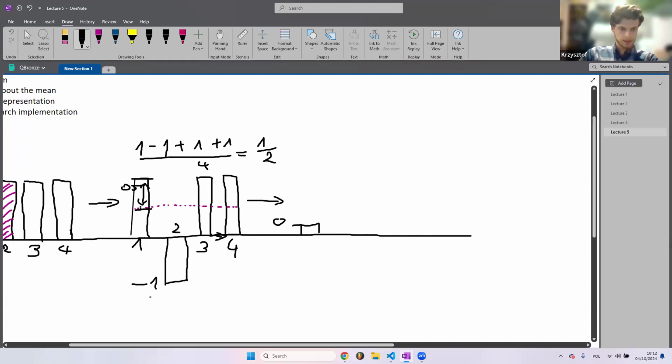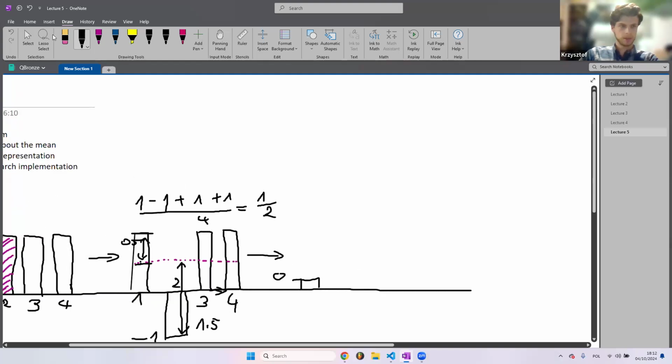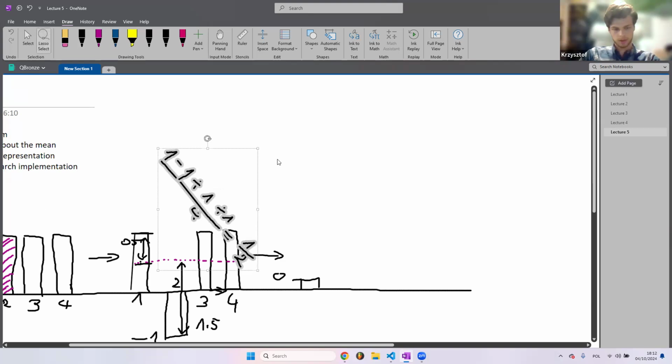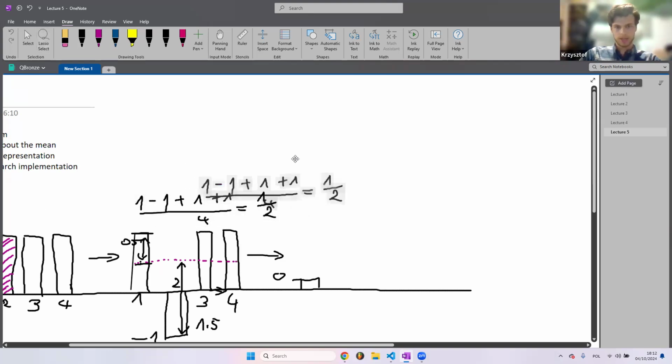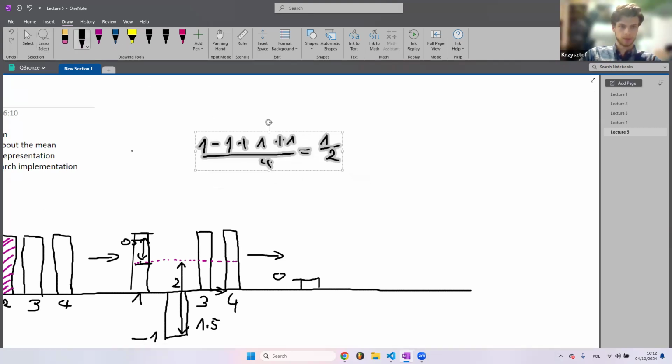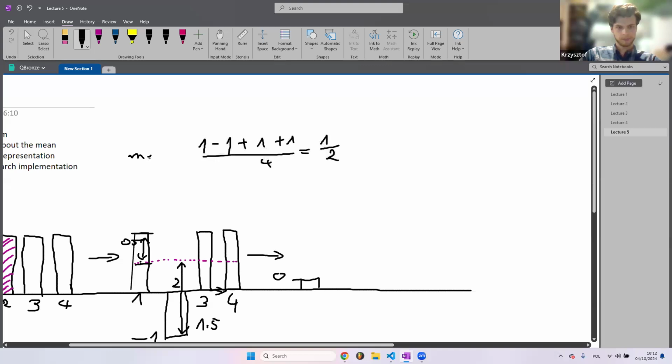So then this -1, the distance from here to here will be 1.5. So after the inversion from the mean, we should add this value to the mean. I'm sorry, we should add this value to the mean. And here I will write mean is equal to 1/2, which is this value here.